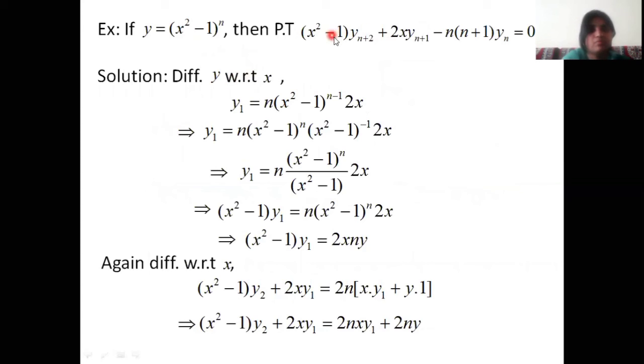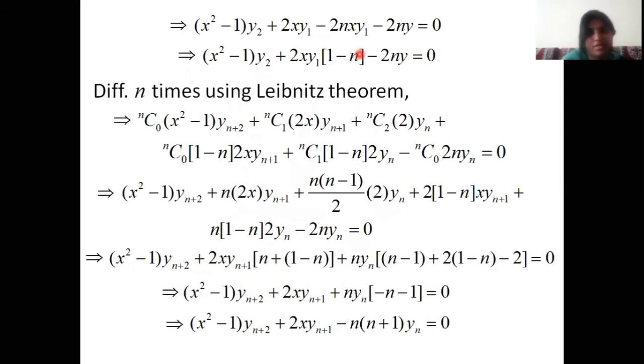Before starting with the problem, you just need to view what we have to prove here. It is y(n+2). So we have taken the second derivative and then use Leibniz theorem for differentiating that n times. Here I have arrived at y2, so now I am differentiating this above n times using Leibniz theorem.